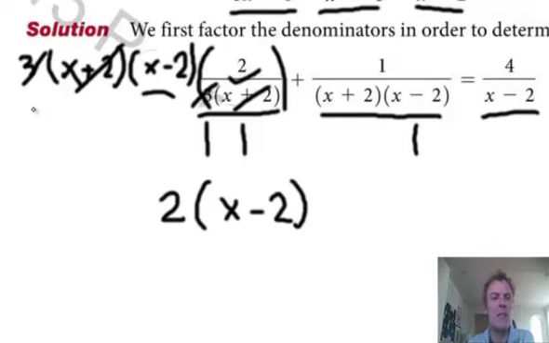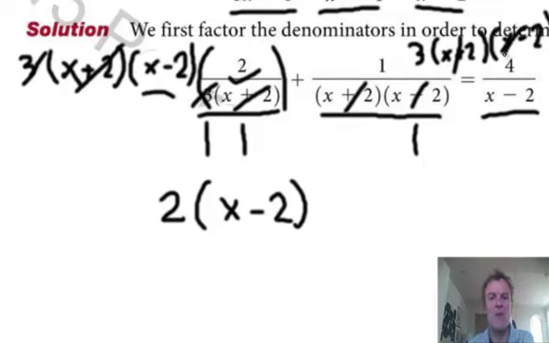If I multiply again, imagine it again. I've got a 3, an x plus 2, and an x minus 2. Can you see that the x plus 2, x plus 2, x minus 2, x minus 2 will cancel? It looks like just the 3 is left with the 1 that's already there. So that's 3 times 1.